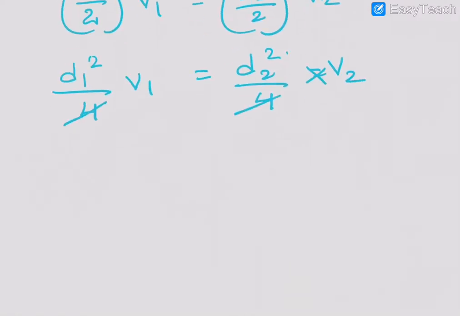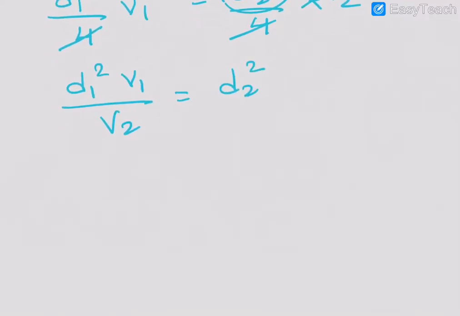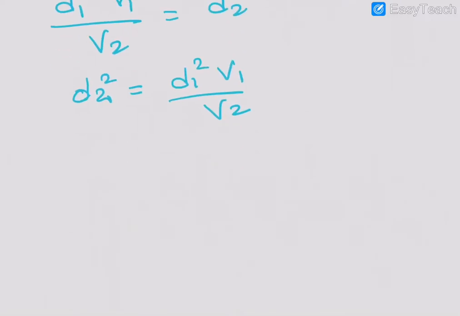What we need to find out is D2. So V2 will come to this side. D1 square V1 by V2 is D2 square, right? So D2 square equals D1 square V1 by V2. We need D2, so we will take the square root of this, right?